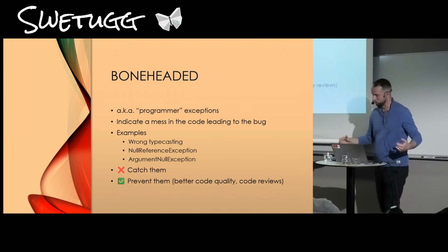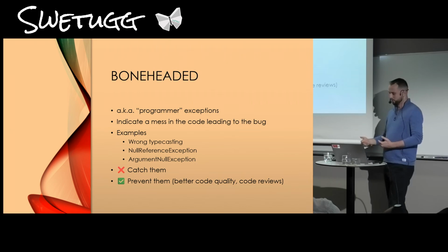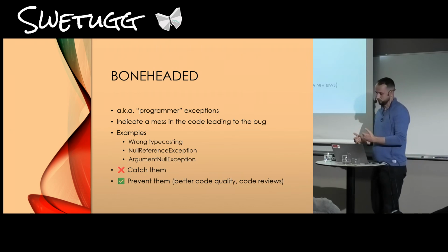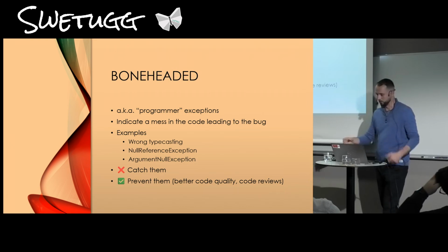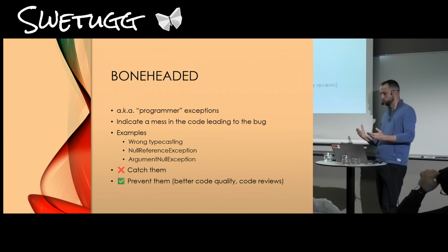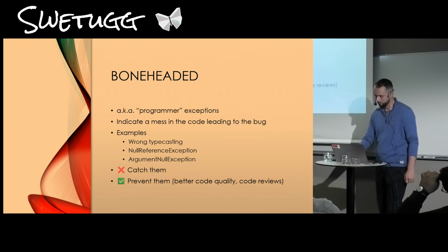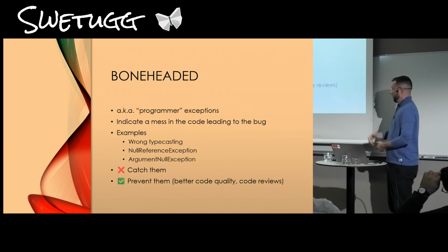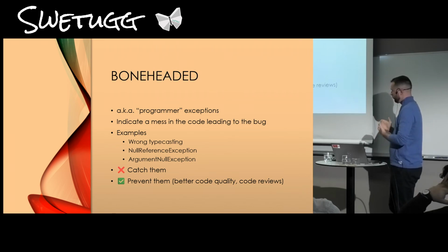And that's probably your fault, because if at some place you are doing a typecasting and it's not the type that you expect, it's probably your error. It's not some logical error or something like that. Also the null reference exception or argument null exception, you should not catch them, but you should try to prevent them actually.